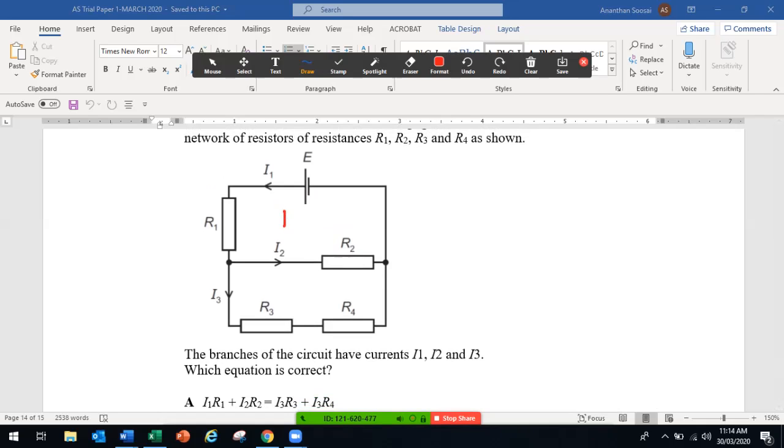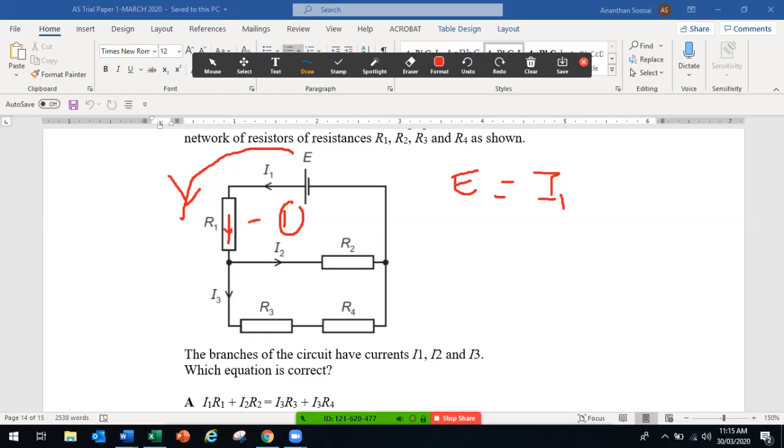First, we take the first loop. What is the total EMF? E equals, first, you have I1, R1. You go in this direction, anti-clockwise. So E equals I1 R1.